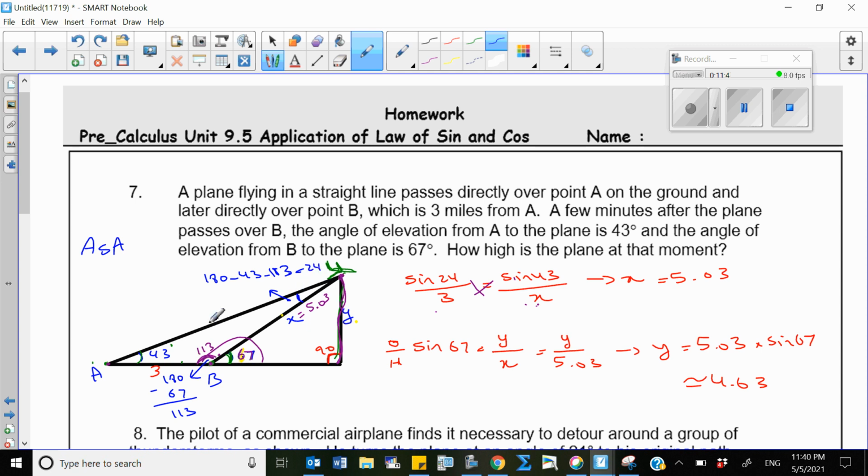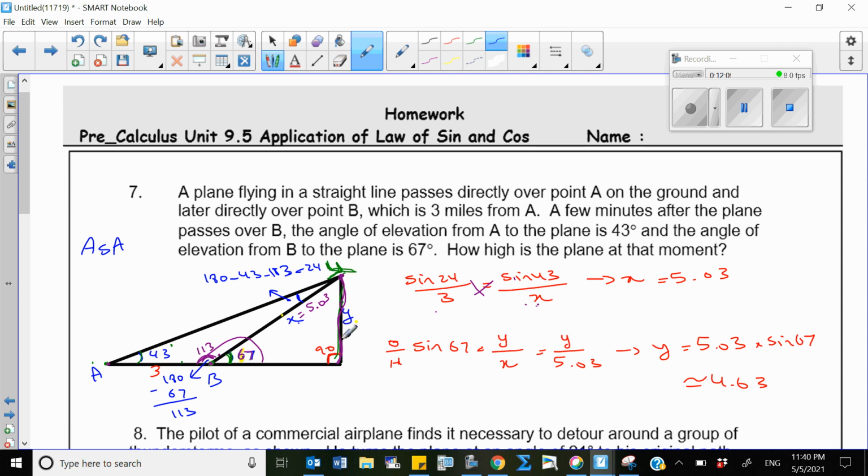Sine of 24 over the opposite side, sine of 24 over 3, equal to sine of 43 over the opposite side, so sine of 43 over x. So we have law of sine here, and we use cross multiply to find x. X will be 5.03. So we found this side.